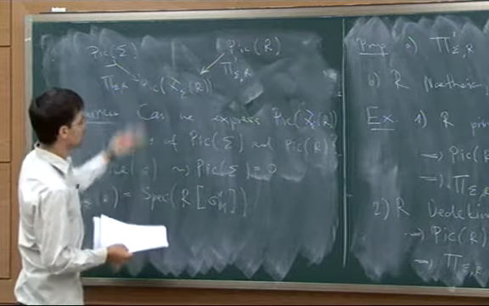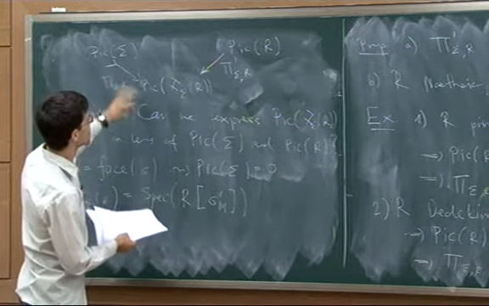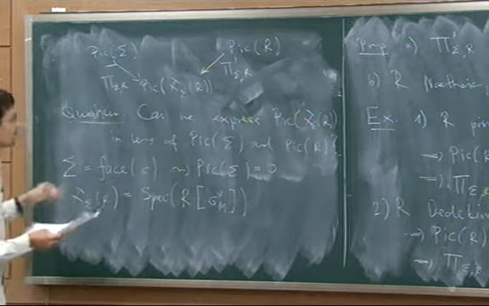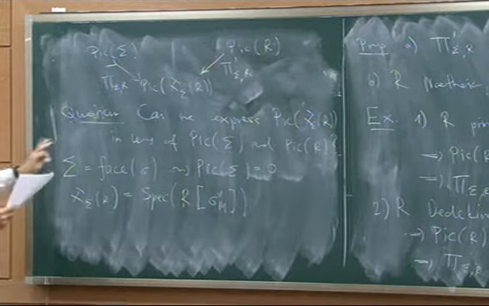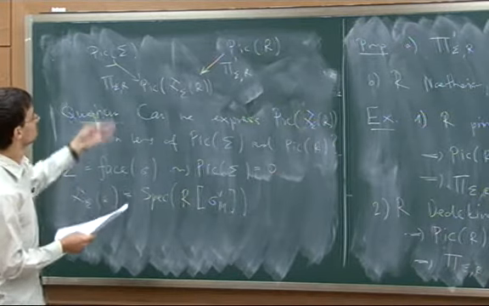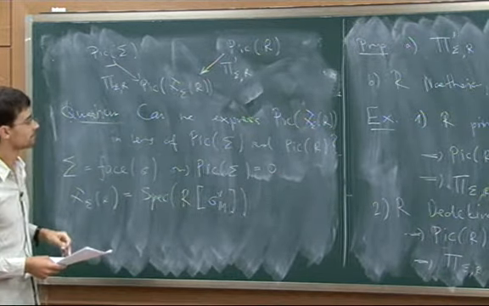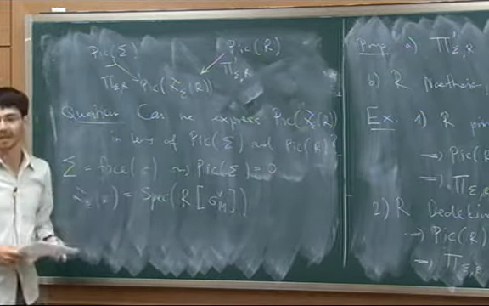So even in the affine case, strange things may happen. This question is interesting, but maybe a little bit difficult to get a general answer. Okay, so I would like to stop here.